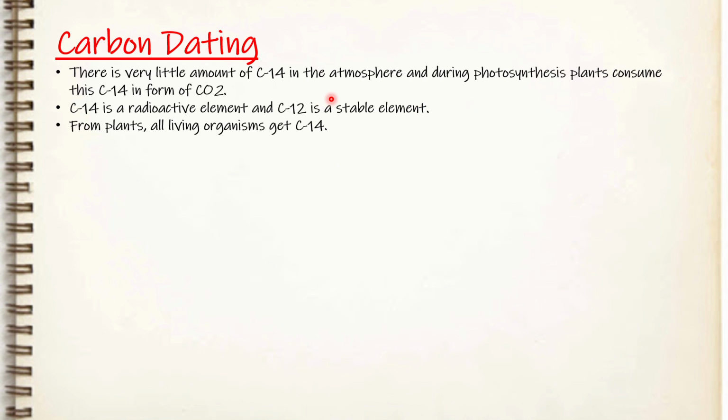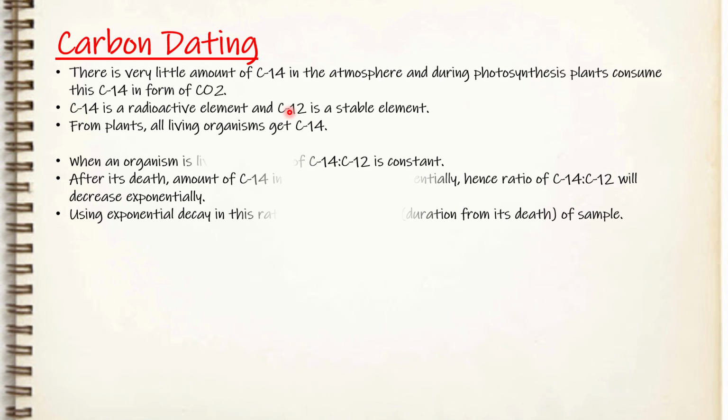Plants take in carbon-14 as carbon dioxide during photosynthesis, and from plants, all animals and living organisms get carbon-14. So when a person is living, the ratio of C14 to C12 is constant. However, after their death, the amount of C14 will decrease exponentially, causing the ratio of C14 to C12 to also decrease exponentially. So using this exponential decay, we can find the age, that is the duration since its death.